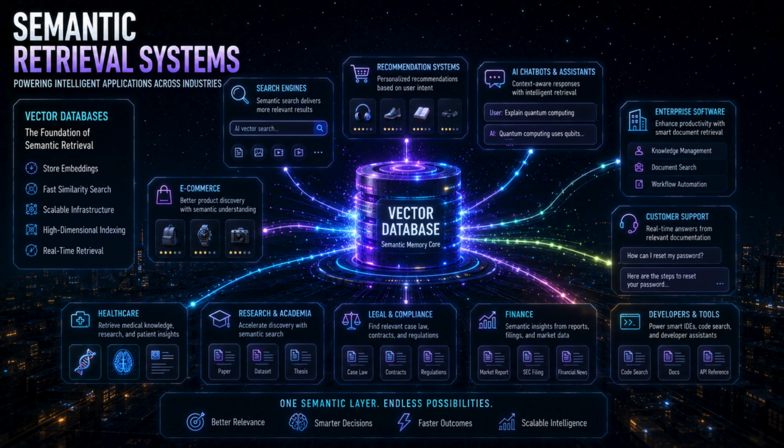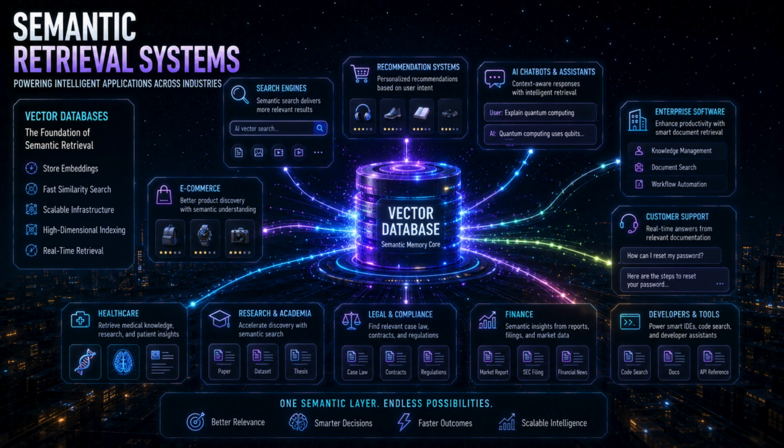Today, vector databases power ChatGPT memory, RAG systems, recommendation engines, search engines, fraud detection, customer support, healthcare AI, enterprise knowledge systems, and intelligent agents. You are already using vector databases every day.